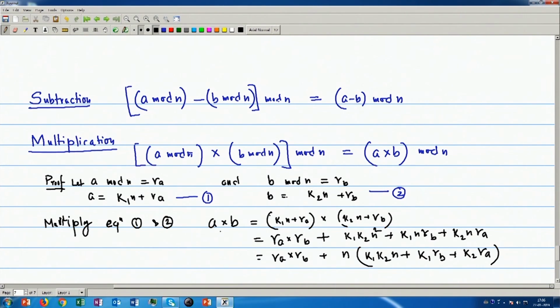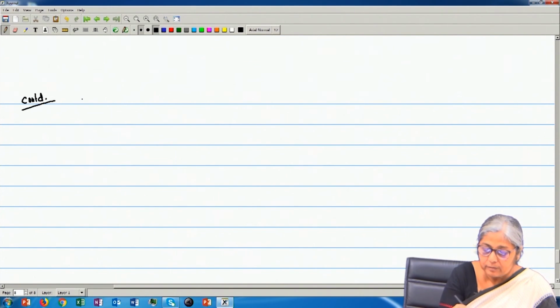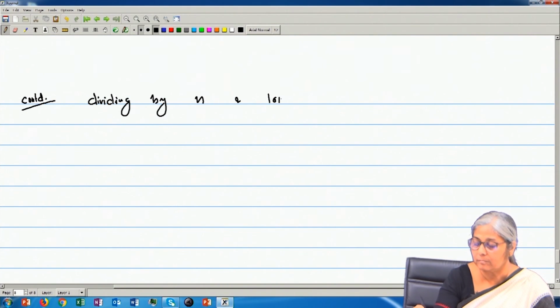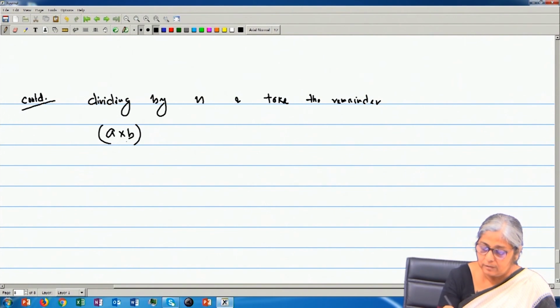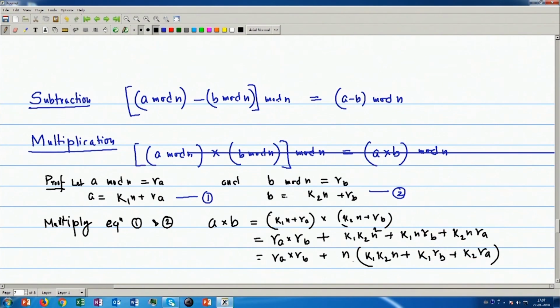Similarly, if I divide a into b by n and take the remainder, we get a into b modulo n is only r a into r b, because again n is a factor, so when dividing by n, this part will give 0 remainder.